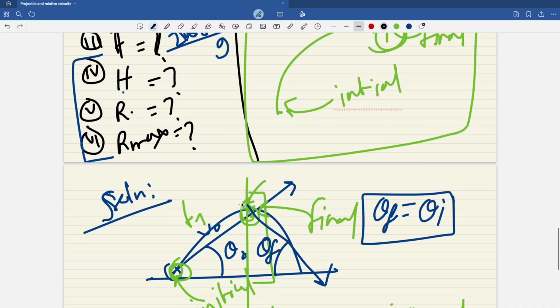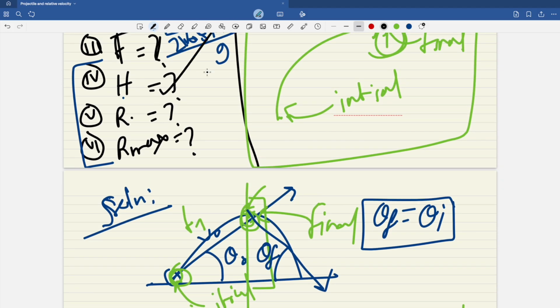Now we got this question also. Then we need this R and this R max.